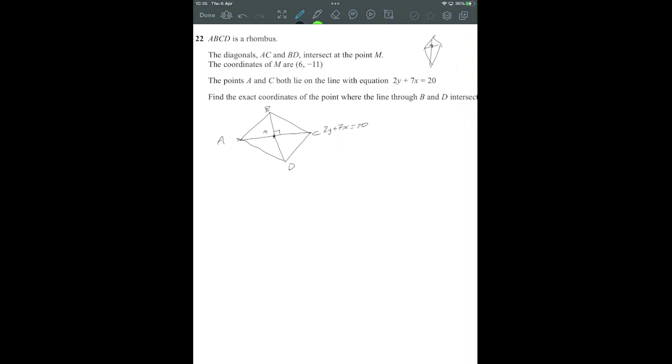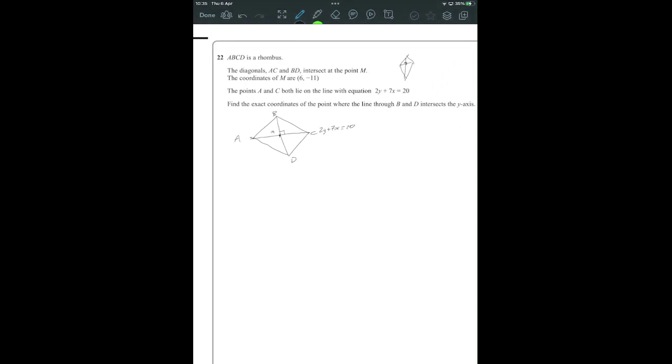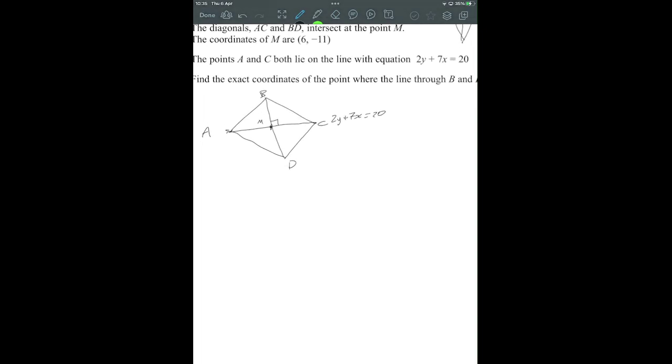Okay, so we've got our idea here now then. We want where BD intersects the y-axis, so let's try and find the equation of the line BD, which means we need two pieces of information. We need to know a point on the line, which we have, and its gradient. Well, its gradient is going to come from AC being perpendicular to it. So let's rearrange AC first.